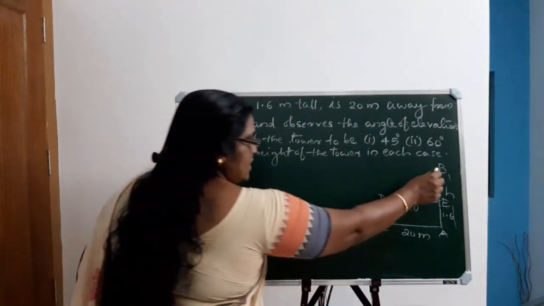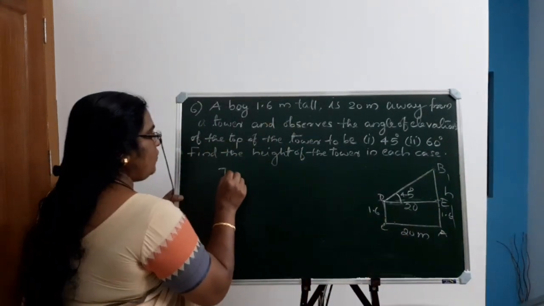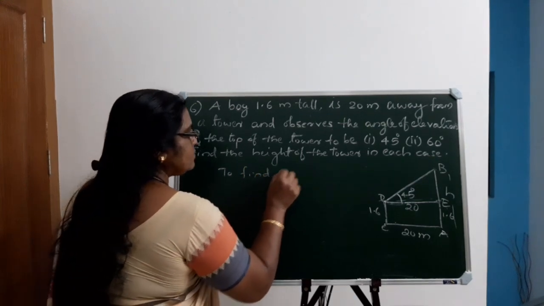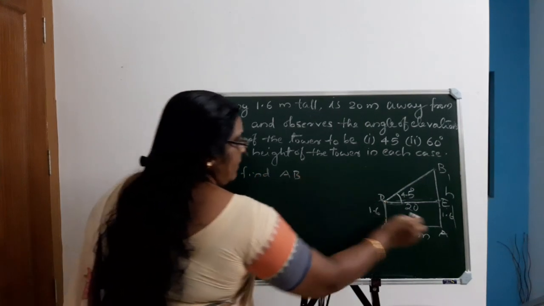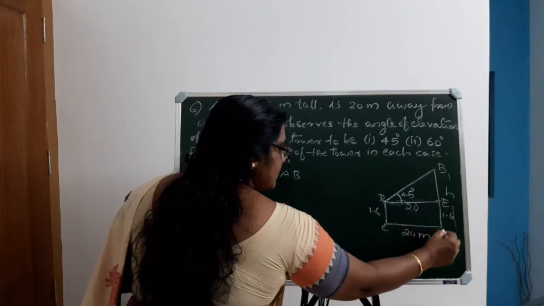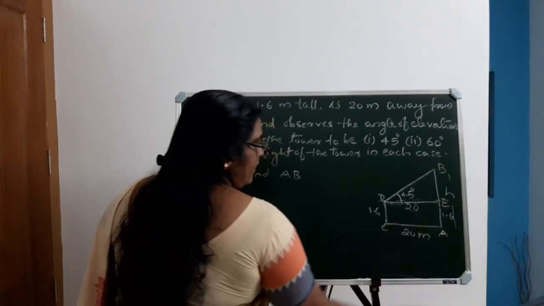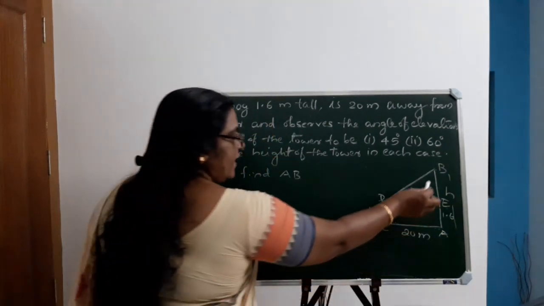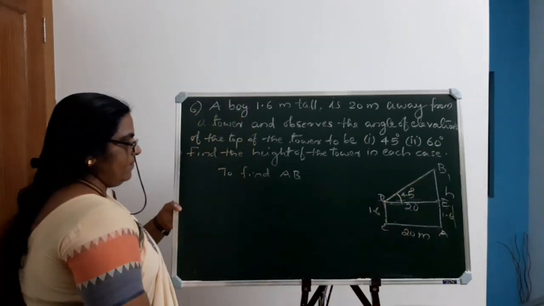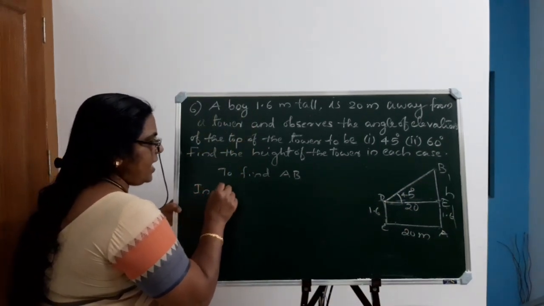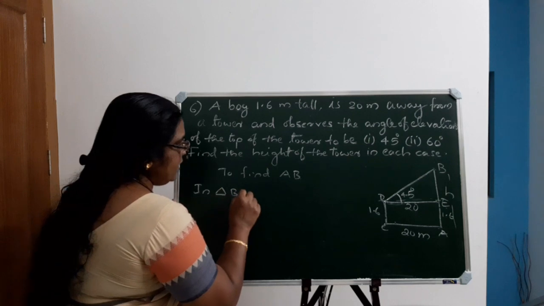We have to find AB. So AB equal to BE plus AE. And AE already given, it is 1.6. Then we have to find BE. So we can consider triangle BDE.